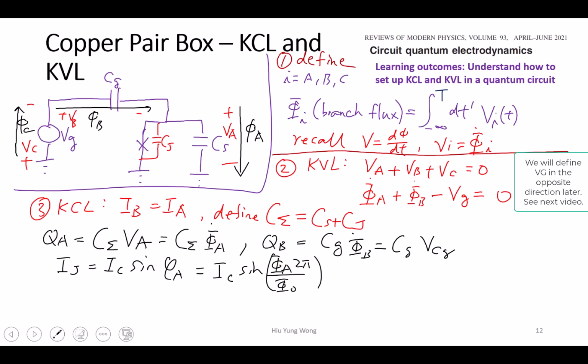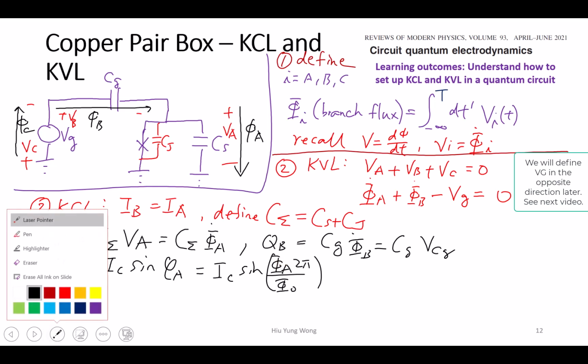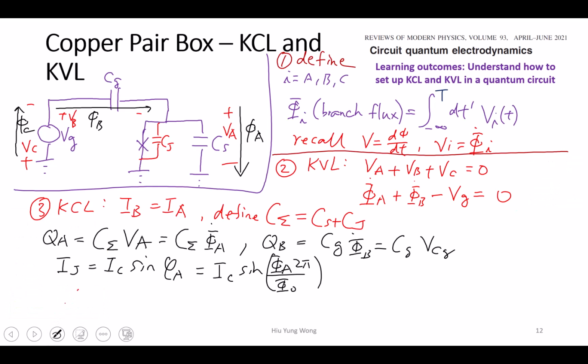Then what do we get from KCL? By KCL, we say just the total branch.